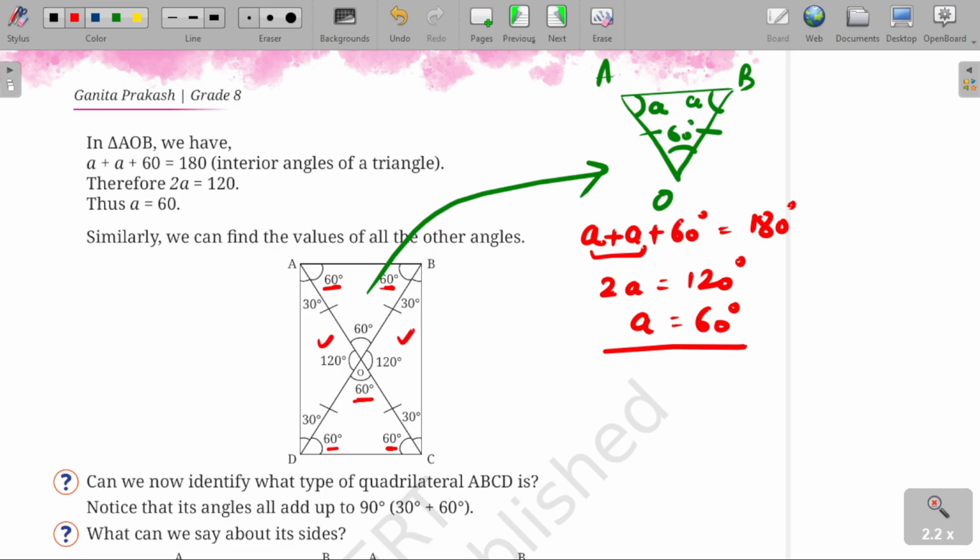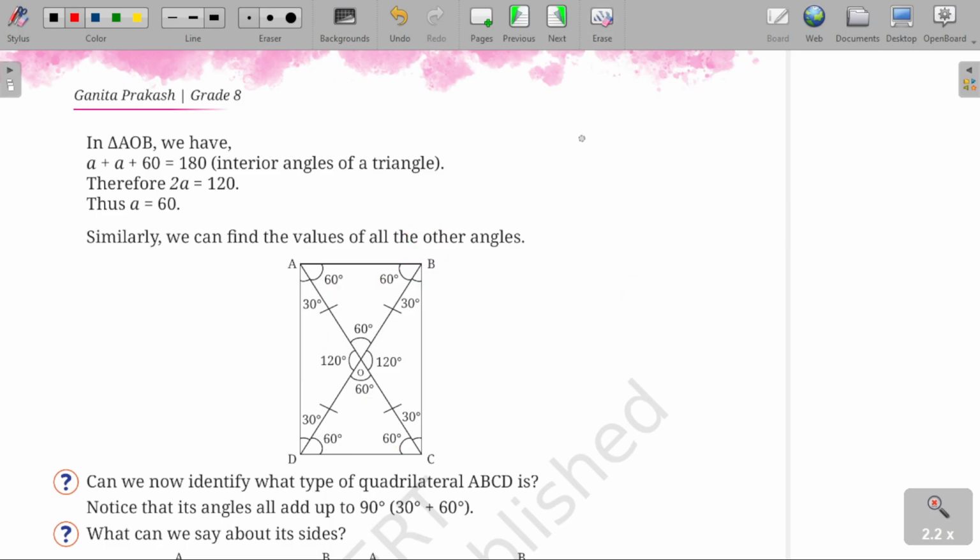And how will we do that? In these triangles, in AOD, this is AOD. This is 120 that we have found. Obviously these two angles will be equal to each other.